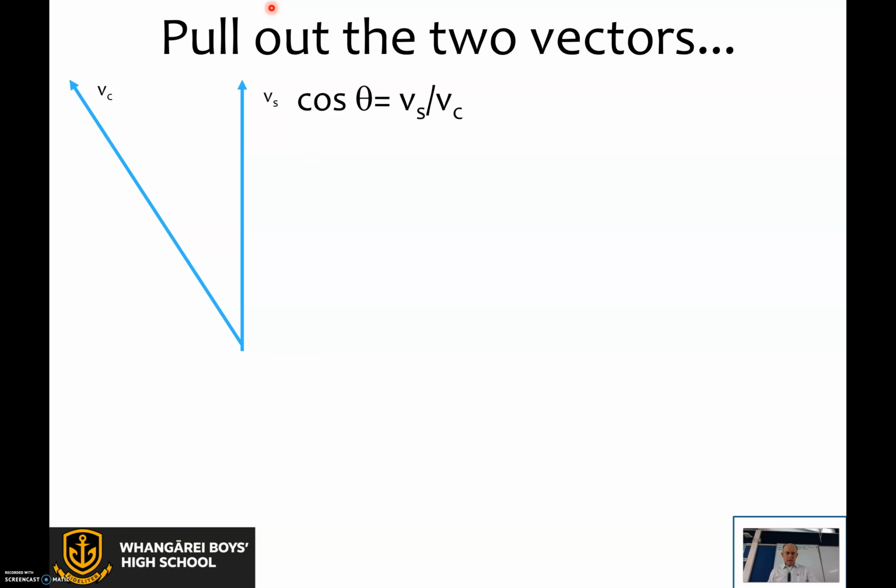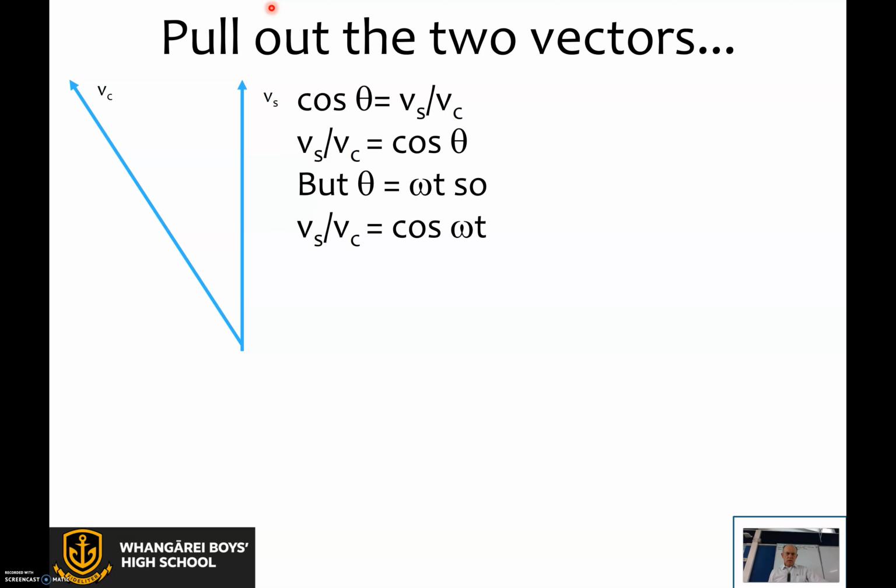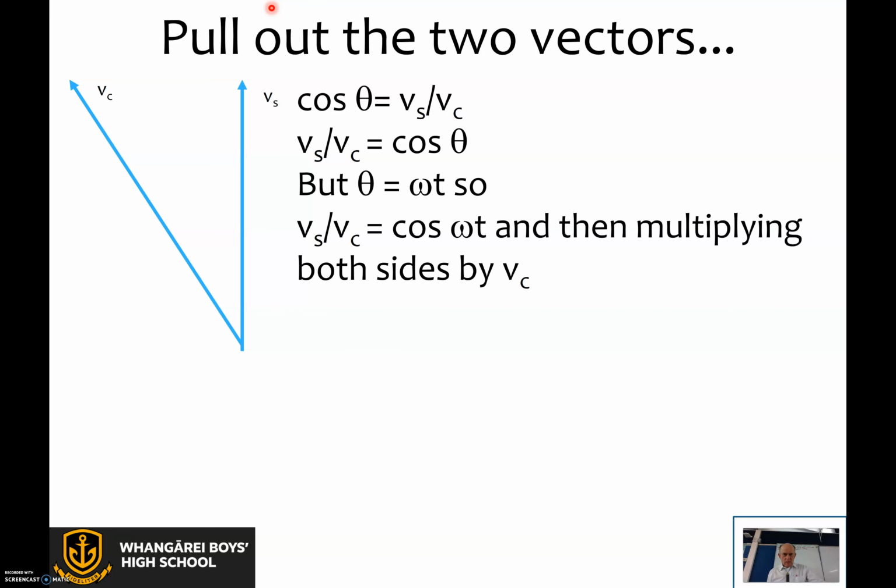And then we do a complicated step called swapping sides. And then we know that theta is omega t, so we have Vs divided by Vc equals cosine of omega t. And that's cool. Then we multiply both sides by the velocity of the circular motion reference circle object, and we get Vs equals Vc cos omega t.